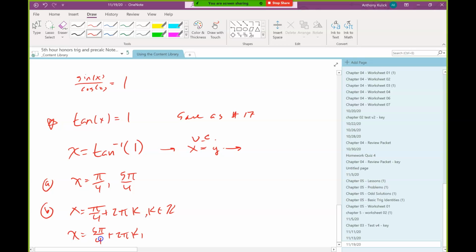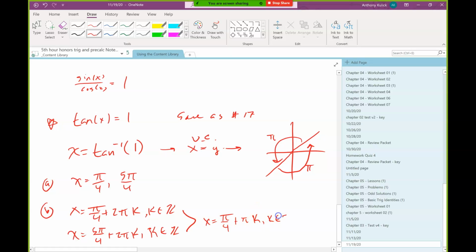I could do a little bit better, because if we notice, on the unit circle, pi over 4 is here, and 5 pi over 4 is there. So if I go pi units from this answer, I run into the next answer. If I go pi radians from that answer, I run into the first answer again. So really I can combine them into one, where instead of the answers being 2 pi apart, they are just pi apart.